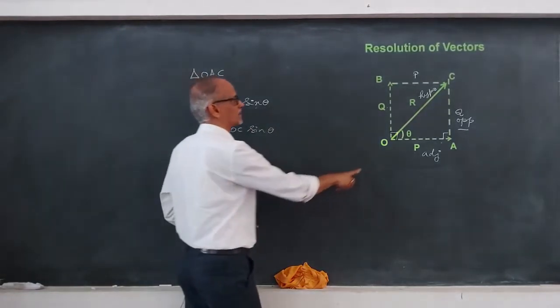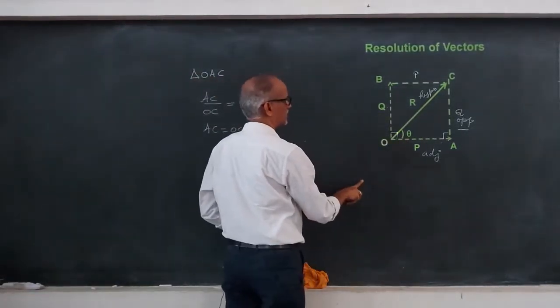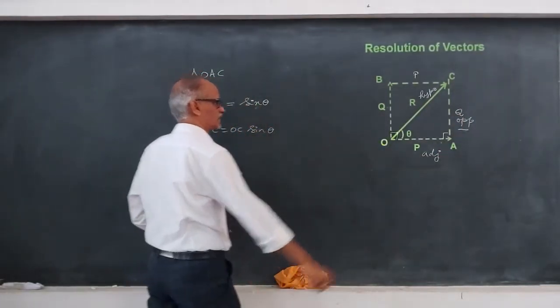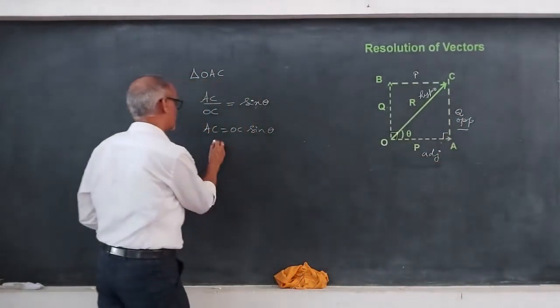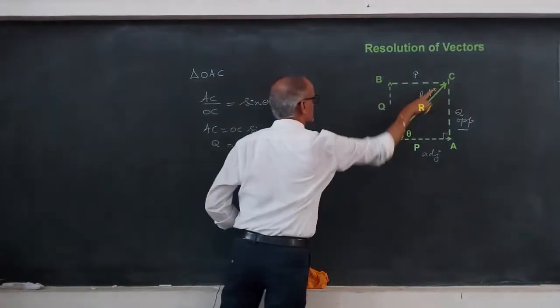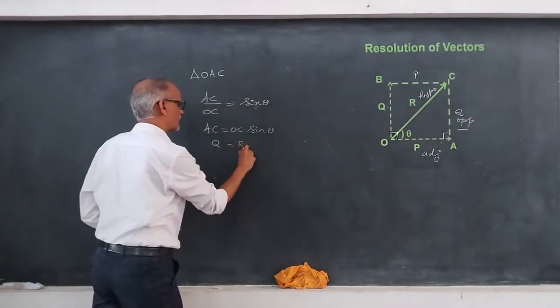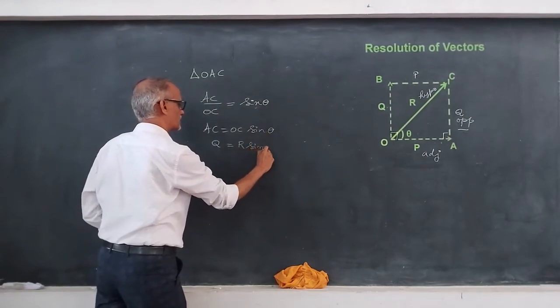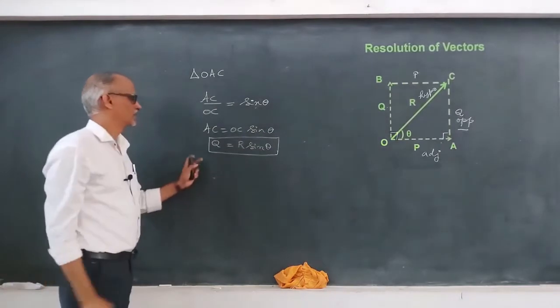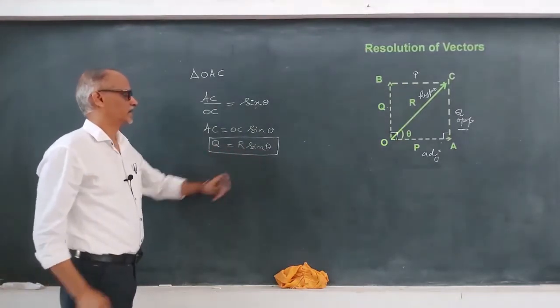AC is nothing but Q. Correct? What is OC? OC is nothing but R. R sine theta. See, we have found the relation between Q, R and theta.